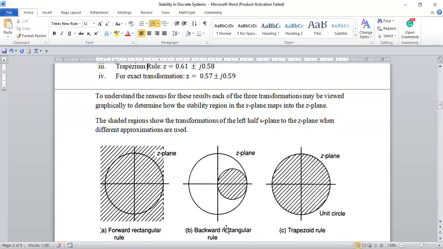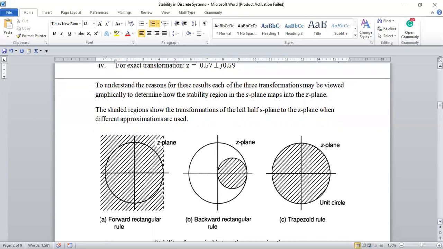And the backward rectangular rule is going to guarantee stability because the region it approximates is within the unit circle. So if you are stable in the S-plane and you use the backward rectangular rule, definitely you are going to be stable in the Z-plane. Then for the trapezium rule, if you are stable in the S-plane and you use the trapezium rule to approximate into the Z-plane, then definitely you are going to be stable also.